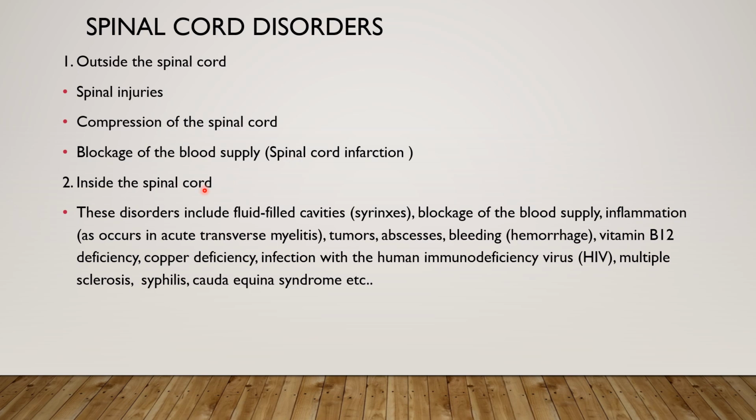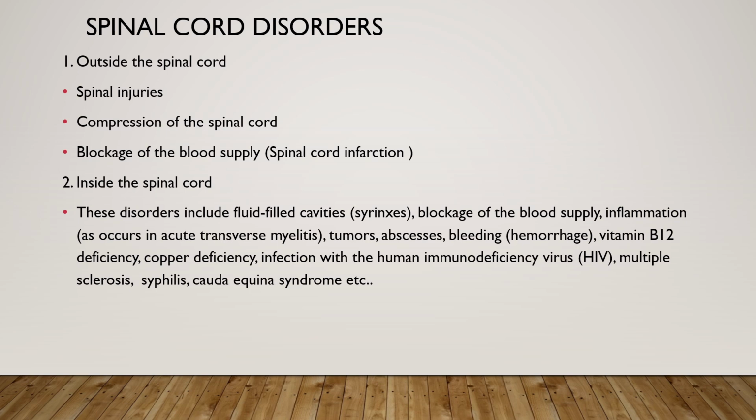Inside the spinal cord, the disorders include fluid-filled cavities called syrinx, blockage of blood supply, inflammatory disorders like transverse myelitis, tumors, abscesses, bleeding, vitamin B12 deficiency, copper deficiency, HIV infection, multiple sclerosis, syphilis, cauda equina syndrome, etc. So anatomy and physiology of the spinal cord is very important to manage patients with these conditions.